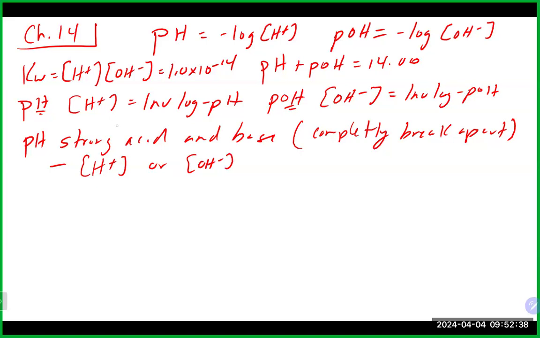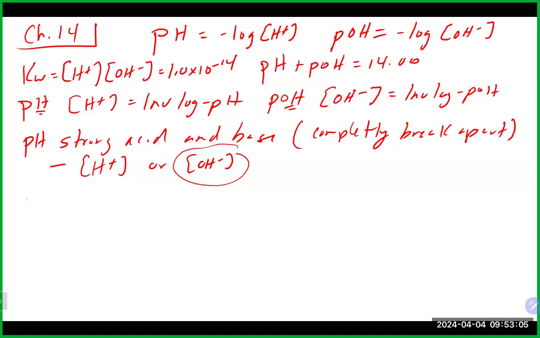Since most strong acids are monoprotic, the concentration of the acid would be the concentration of the H plus. For our bases, a lot of them are like sodium hydroxide, potassium hydroxide. That would also be your concentration of hydroxide. But if you had one like barium hydroxide, you may need to adjust the concentration to get the proper concentration of the hydroxide.